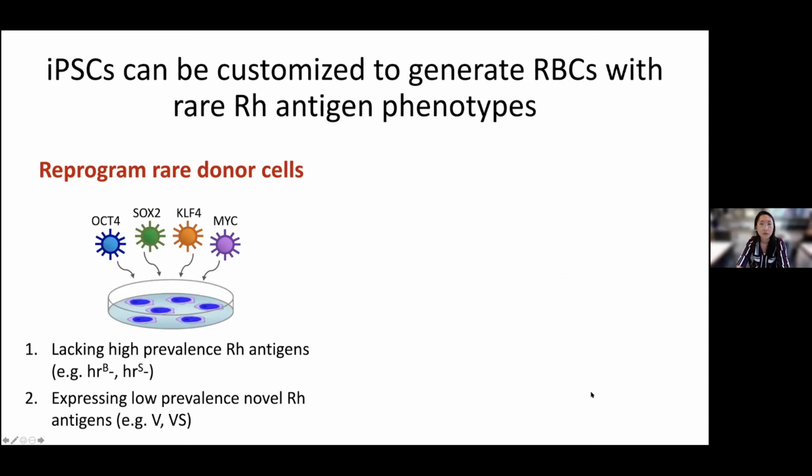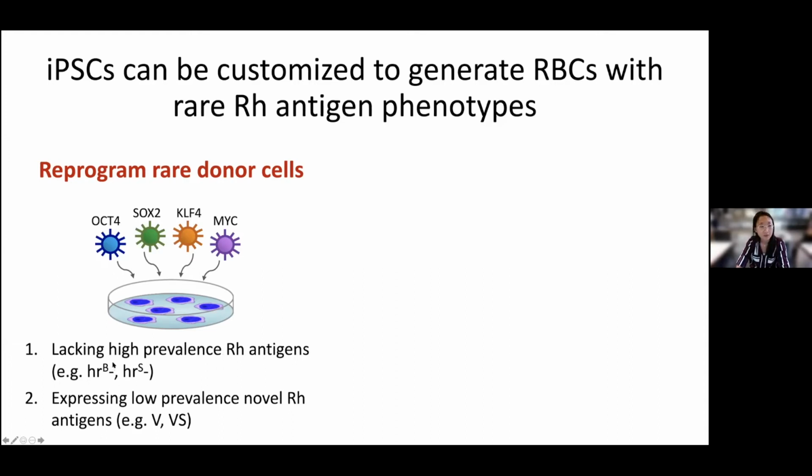So we have two approaches to doing this. First is to reprogram rare donor cells, and we have 3 lines that we generated using this approach. The first 2 are lines that lack high prevalence Rh antigens. So these are antigens that are found in 99% of Rh proteins.